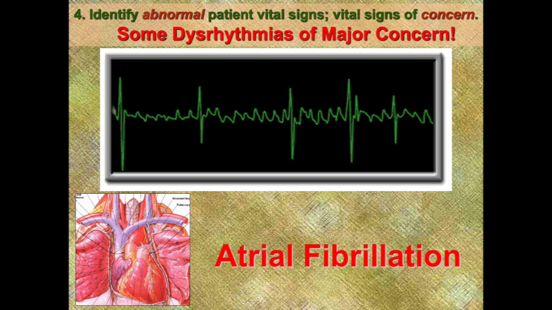You can see that there's a bunch of crazy looking P waves there because of where the leads are placed, and that the ventricles, their QRS complexes, have no rhyme or reason. And they have their own intrinsic firing. They will fire without a P wave reaching them. So notice that it's also a chaotic QRS complex. They're not spaced well. There's no talk between the atria and the ventricles.